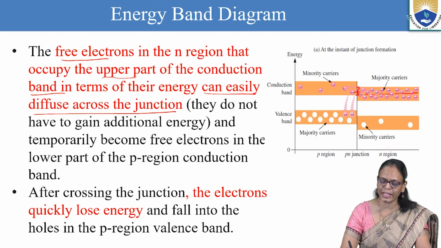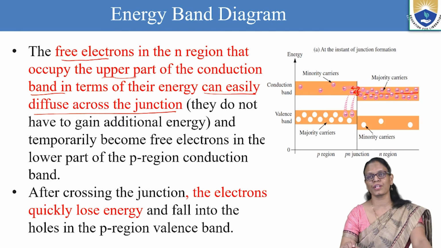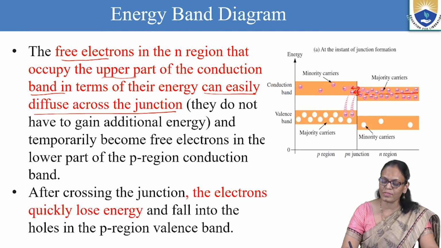They can easily slide over into the P type. They do not require any additional energy. We need not supply any external energy. Because of this overlap of energy levels, the electrons from the N side can easily diffuse.